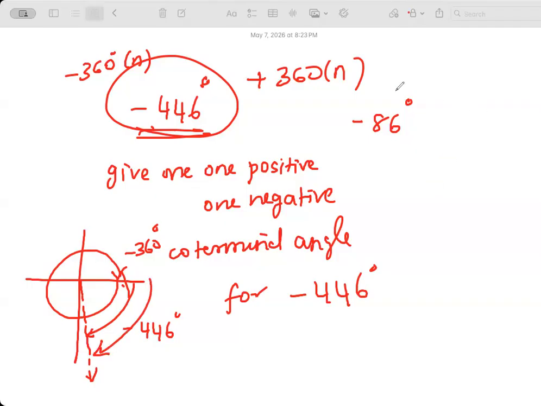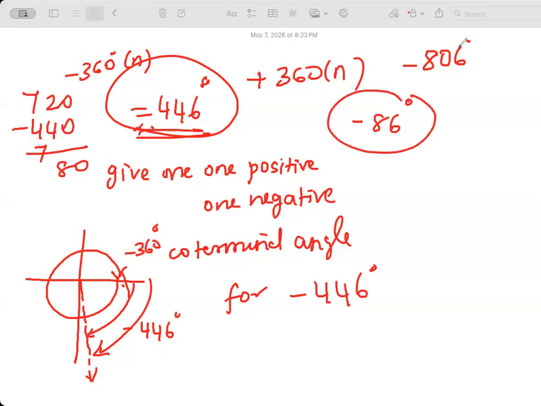This is minus 86. Or you can subtract 360 degrees, then you will end up with minus 806. That's also negative. But to make it positive, I would add 360 times 2, which is 720. So what did you guys get? However you want, you can do it.